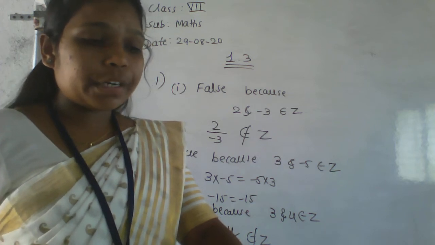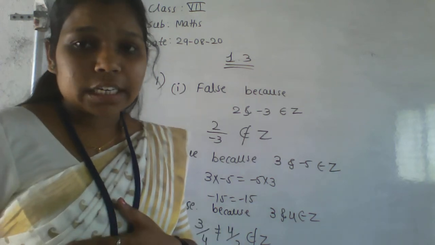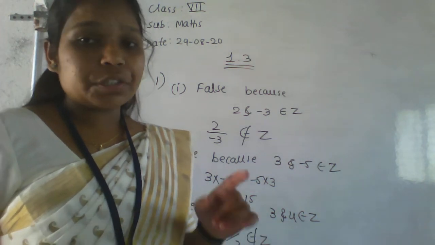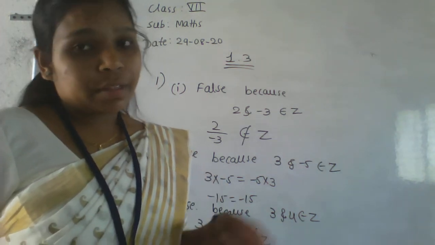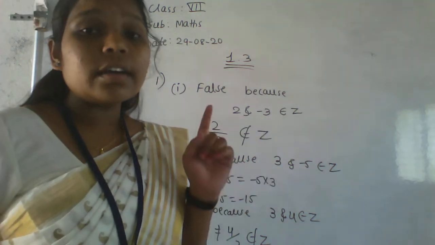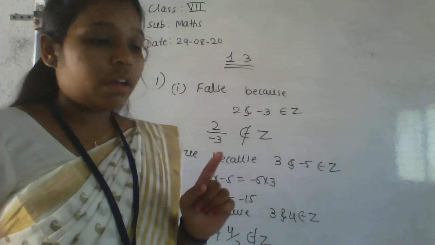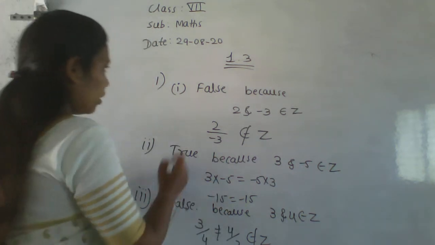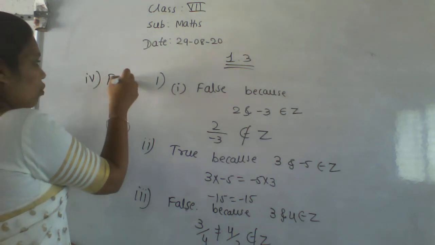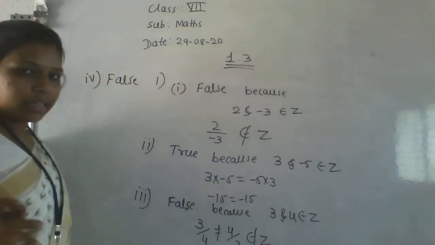The distributive property of multiplication over addition holds good, but the distributive property of division does not hold good. It will hold good for the multiplication, but not for the division. So the fourth one also is a false statement, and write the example for that.